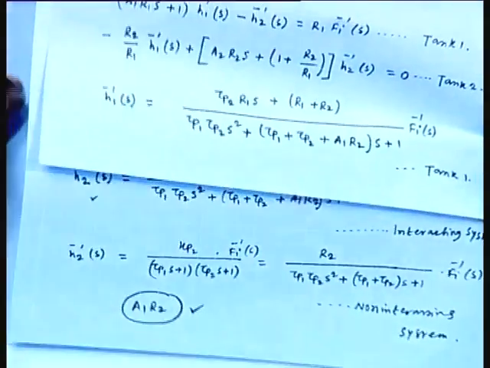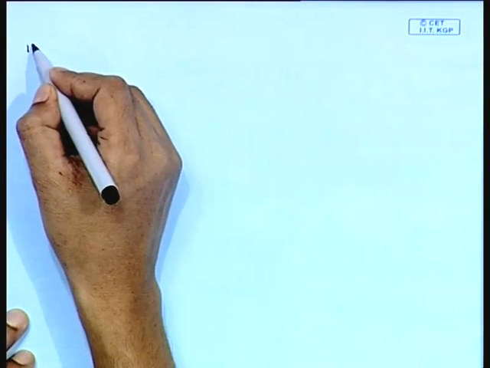Now, we will conclude based on this discussion for the case of interacting system. What is the first conclusion? First conclusion is that the overall response is second order response.